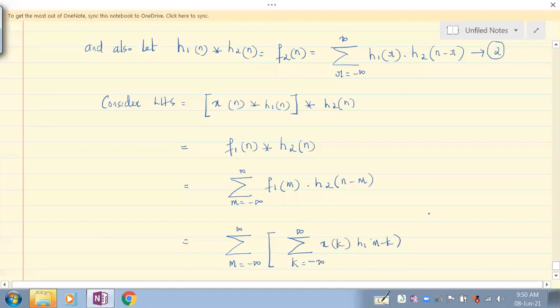If it is f1 of n, it is n minus k. If it is f1 of m, it is m minus k. We have just done that. Into h2 of n minus m we have.